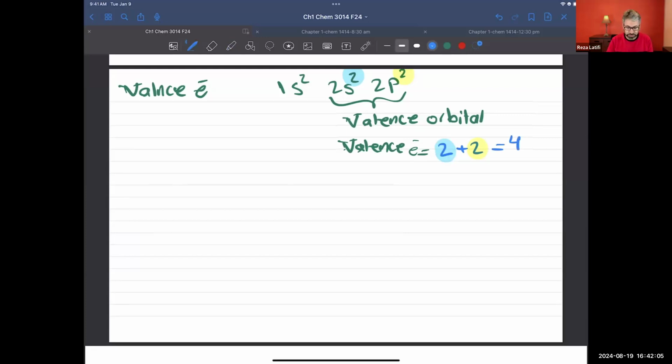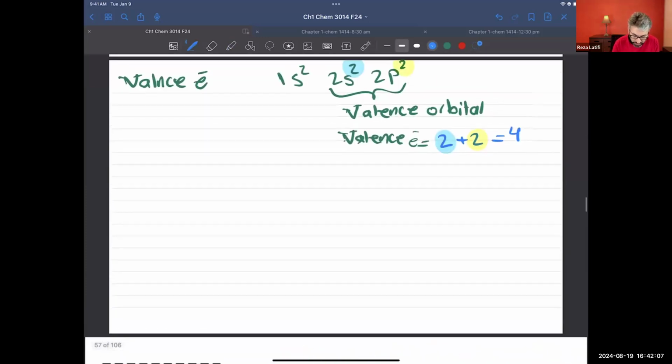So what I'm going to do with those, I'm going to say I have 2s with 1 electron pointing up. The second one is pointing down. How about the p orbital? P orbital has 3 orbitals, px, py, and pz. Inside the p orbitals, we have 2 electrons, and both are pointing up.